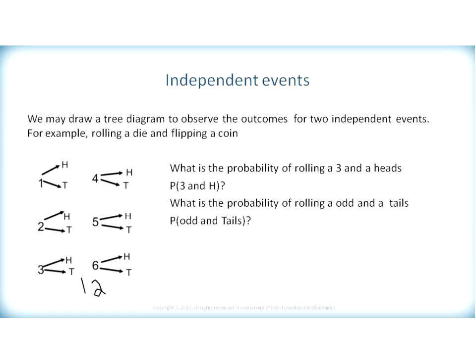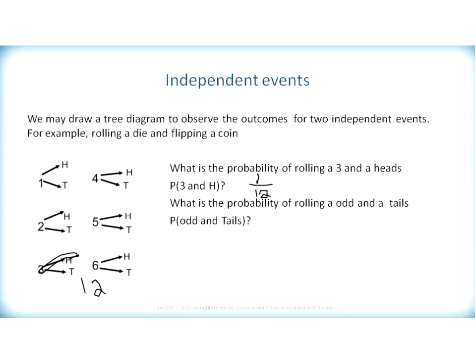What is the probability of rolling a 3 and a heads? Since there's 12 outcomes in total, of getting a 3 and a heads, there's only one option. So the probability of getting a 3 and a heads is 1/12. What is the probability of rolling an odd and a tails?